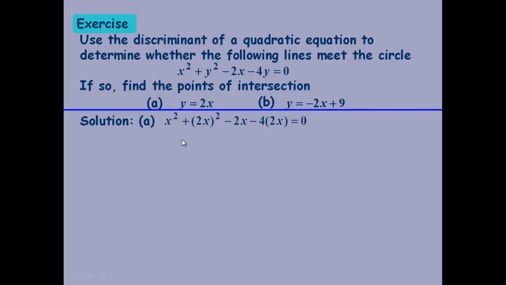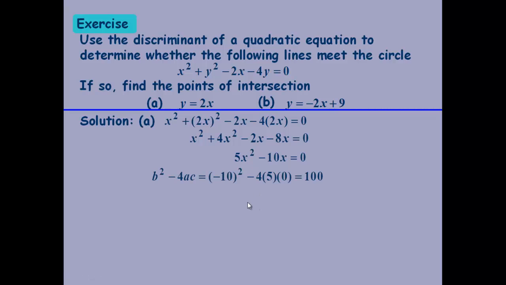So solution to the first one then, same as before. If we put our y value here, which is 2x in this instance, in for the y values here, simplify, look at the discriminant.